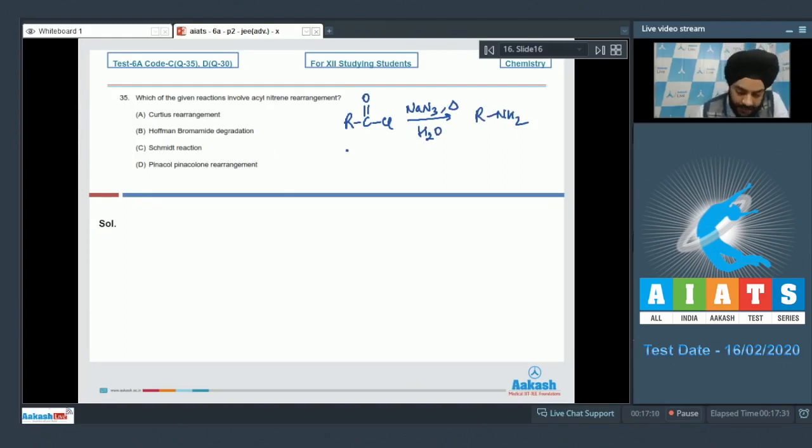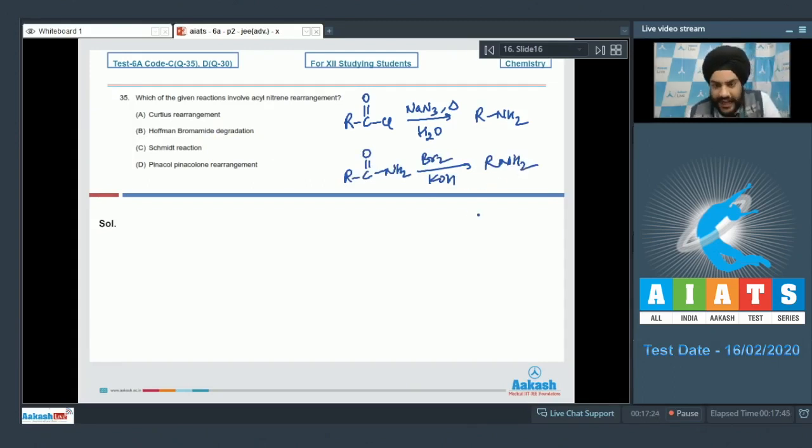If we talk about option B now, we have Hofmann bromamide degradation. This is RCONH2 reacting with Br2 in presence of KOH to give us RNH2, students. So here also there is an acyl nitrene rearrangement as there is a loss of the CO group. If you talk about the third option now, we have RCOOH reacting with N3H in presence of H2SO4 to give us RNH2 again.